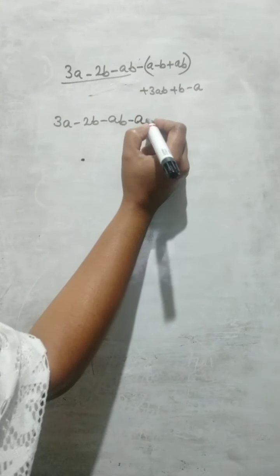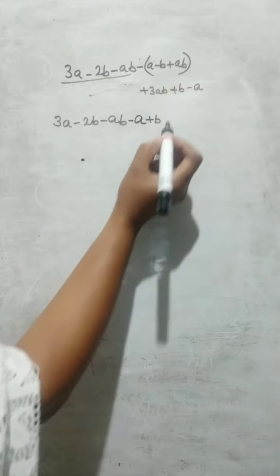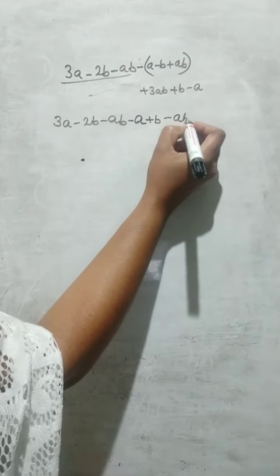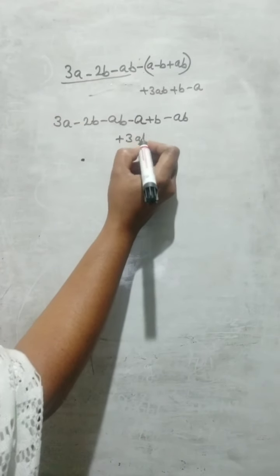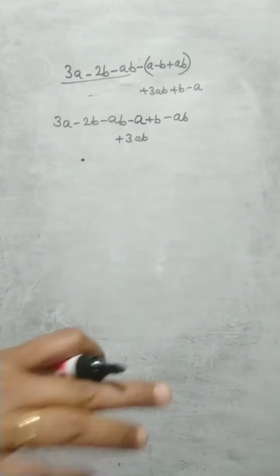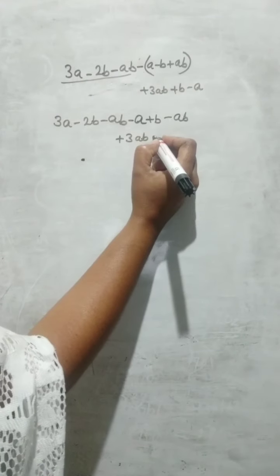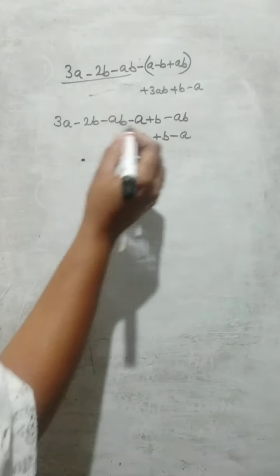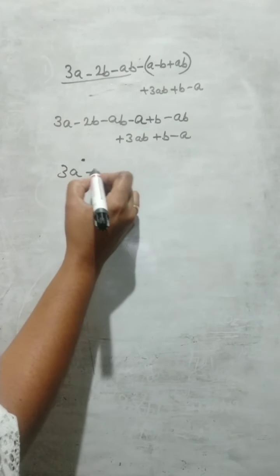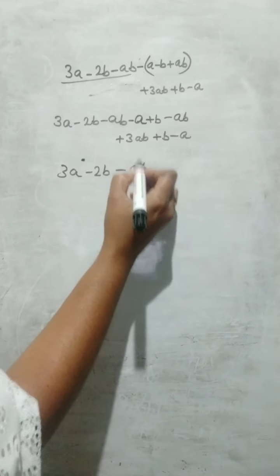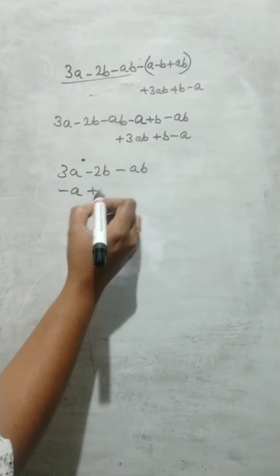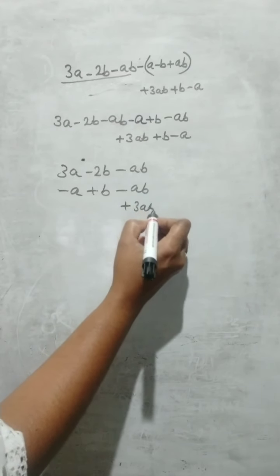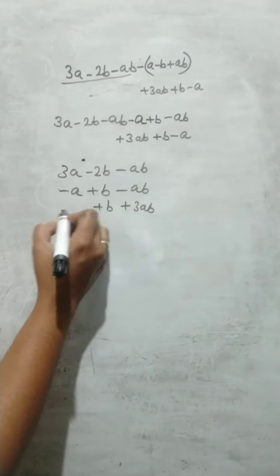Here minus b will be plus b. Here plus ab will be minus ab. Then plus 3ab plus b minus a. Okay, we have to add it: 3a minus 2b minus ab, then minus a plus b minus ab, then plus 3ab plus b minus a.